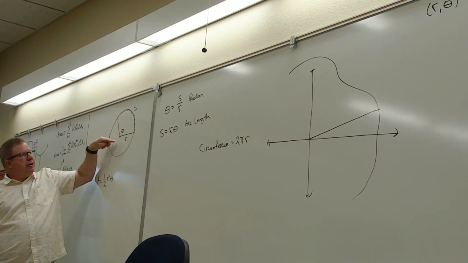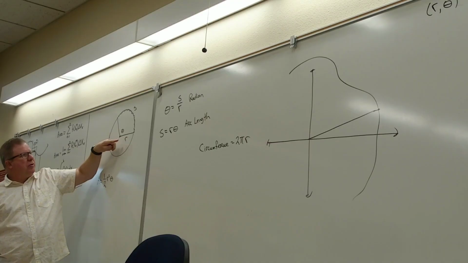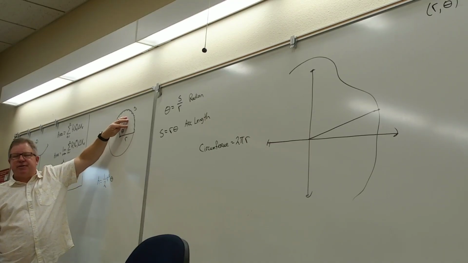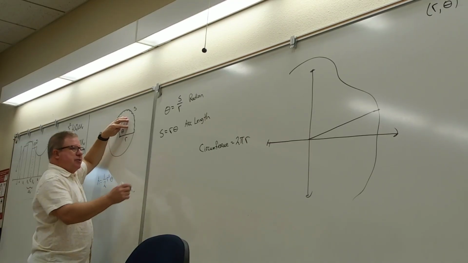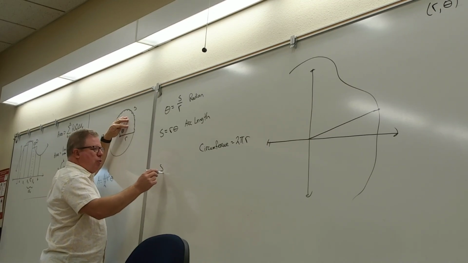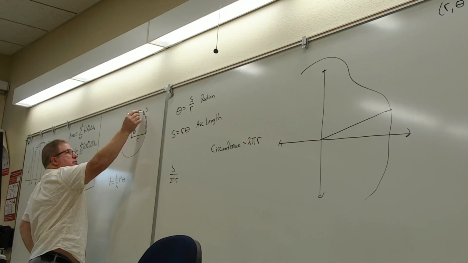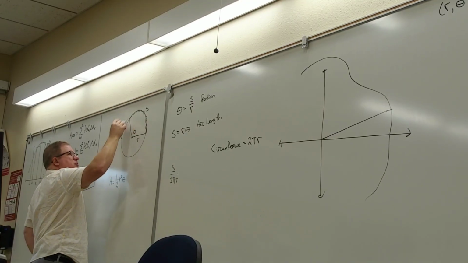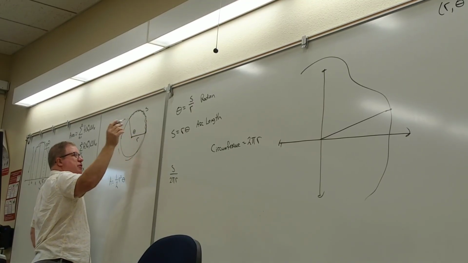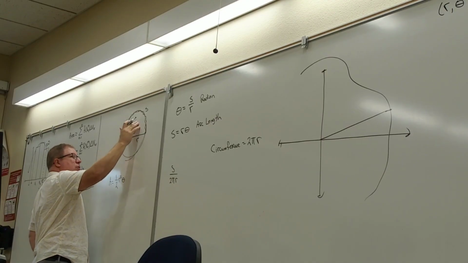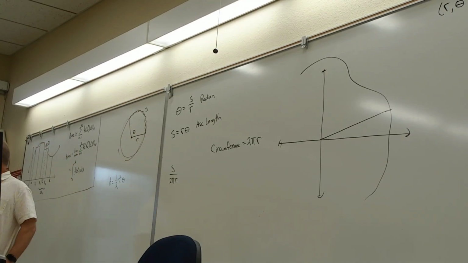The fraction of a circle that this sector is, S over 2 pi r. This distance divided by the distance all the way around is the fraction of the circle that sector is.